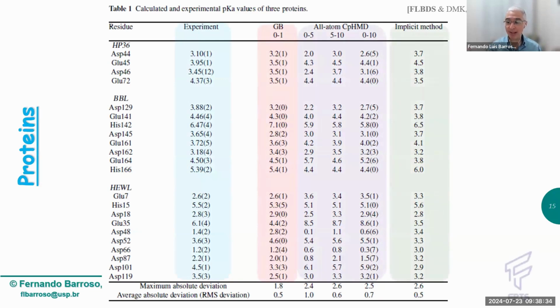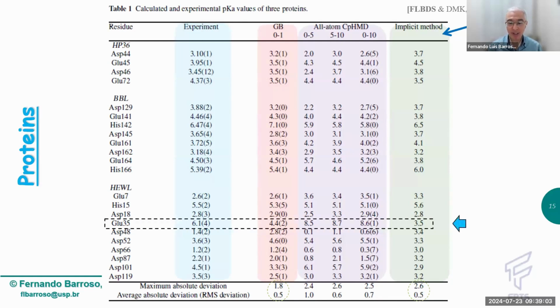If you use the basic descriptors, like the maximum absolute deviations or the average RMSEs for these proteins, we can see that our approach is very, very close to what you can get from all the others. And actually it's slightly better than even all-atom simulations, but we pay a much cheaper price to run the calculations.